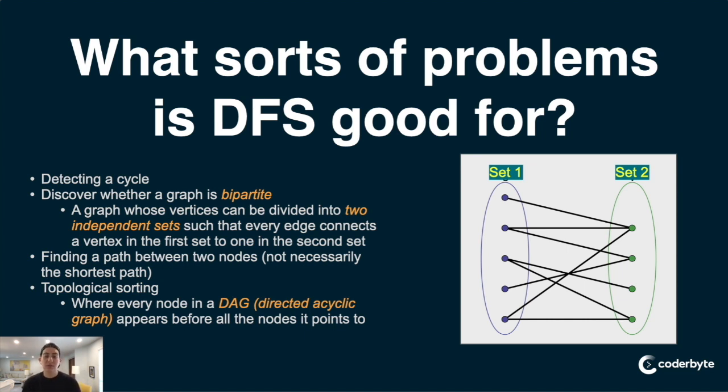You can imagine this only working for that because number one, it has to be directed. Otherwise, you couldn't put one node before another because they each point to each other. And it also has to be acyclic because in a cyclic graph, there are going to be ancestors that are also children, right? That's the nature of a cycle. So you couldn't order it in this way. We're going to go into more detail in a second with this idea, this topological sorting.